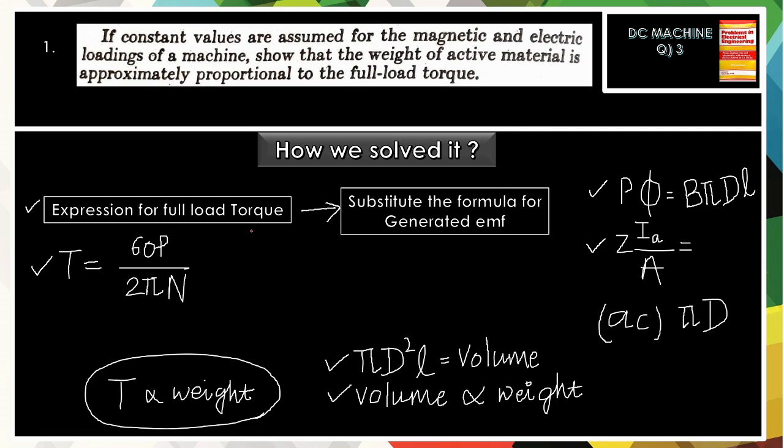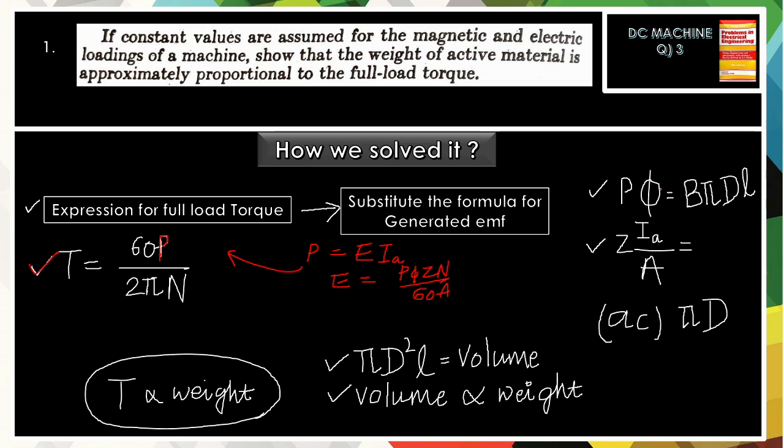So how do you solve this question? These are the steps we follow. First we express T equal to 60P by 2 pi N. Then we substituted the formula for P. We wrote P equal to E into Ia, and E is equal to P phi Zn by 60A. We substituted these values in this.